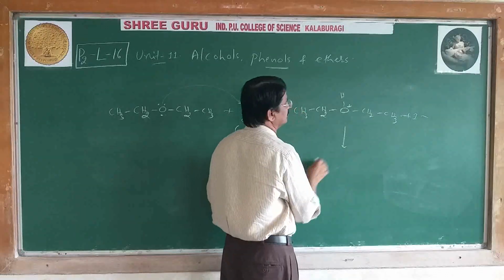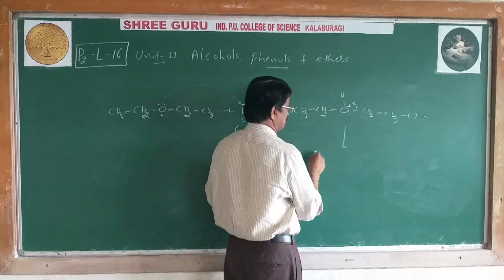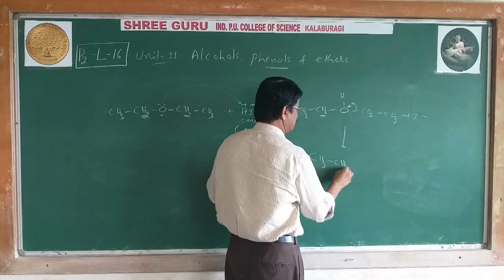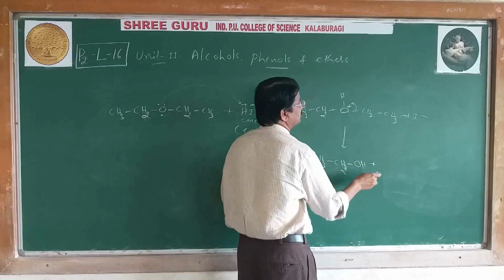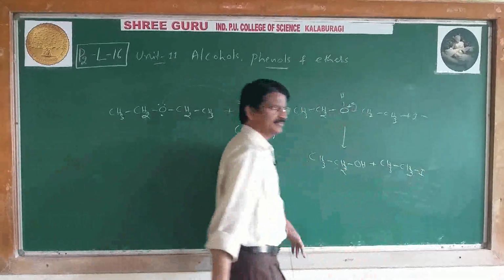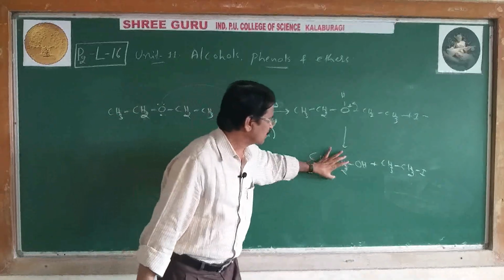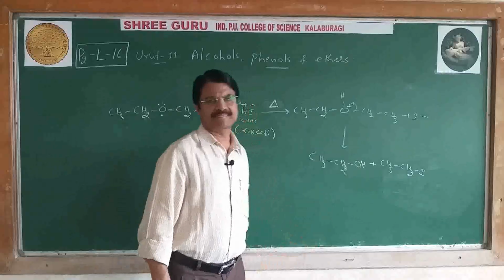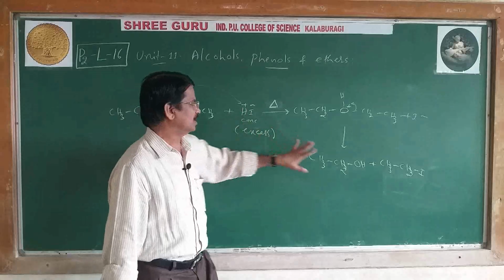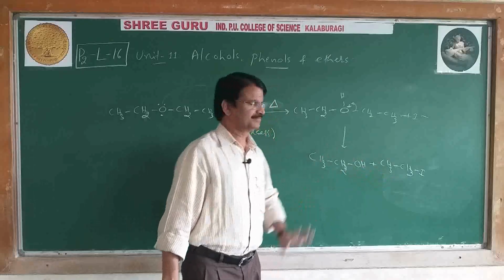Next, both sides are equal, and the bond shifts like this. Now we get CH3CH2OH plus CH3CH2I. Same method as I wrote in cold condition. Now see here, one is alcohol, the other is alkyl iodide. Using 1 mole, we always get 1 mole of alcohol and 1 mole of alkyl iodide.